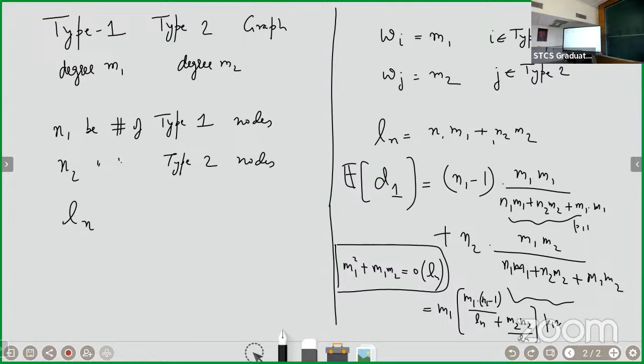Okay, but then if you can do it for 3, you can do it for any number of types. Is there an interesting implication in this? There has to be some place where you have to stop doing this, because of the condition that M1 square plus M1 M2 is little o of ln.